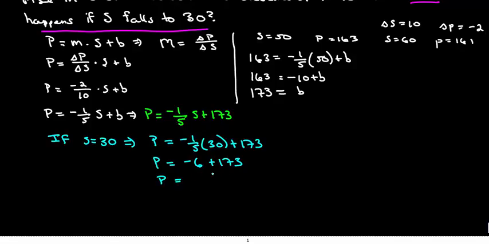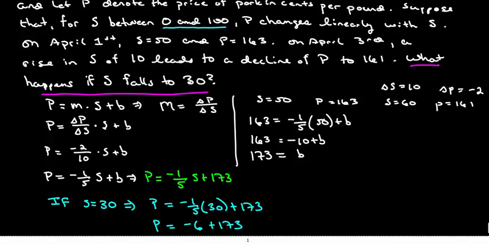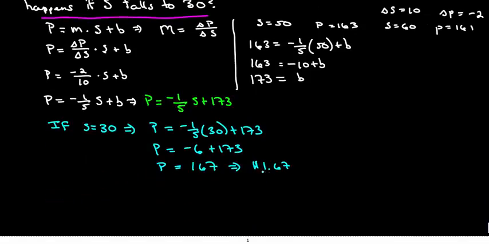Subtracting 6 from 173 gives me 167. This is in cents per pound, so we would say the price is going to fall to $1.67. So if our supply falls to 30,000, the price for your pork would be 167 cents, so it's $1.67 per pound.